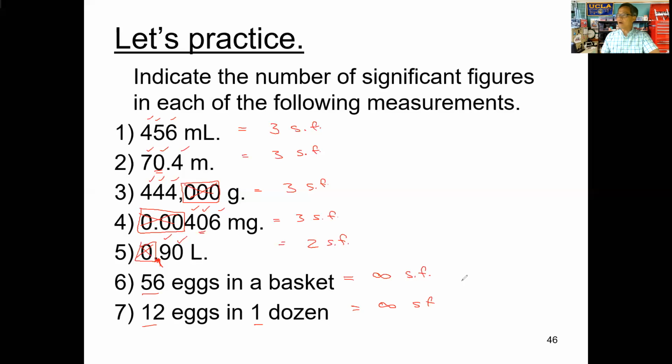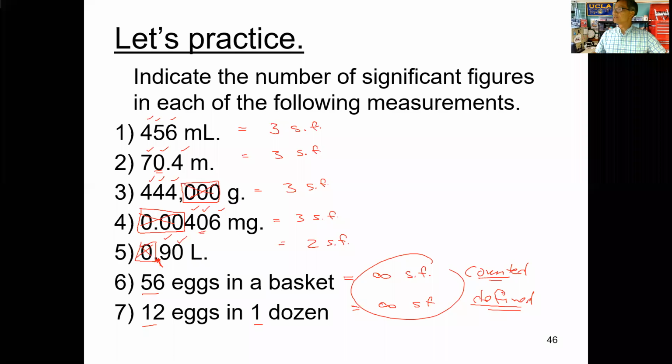Whenever you have a counted quantity, 56, or a defined set of quantities, 12 eggs in a dozen, you always have an infinite number of significant figures. All right, very good.